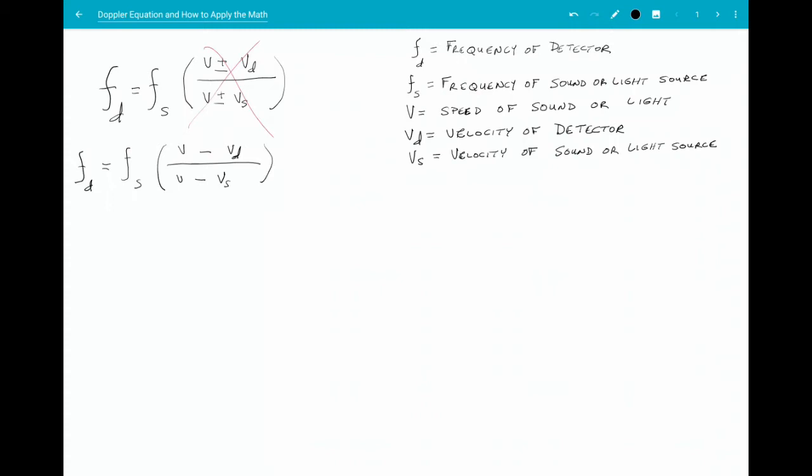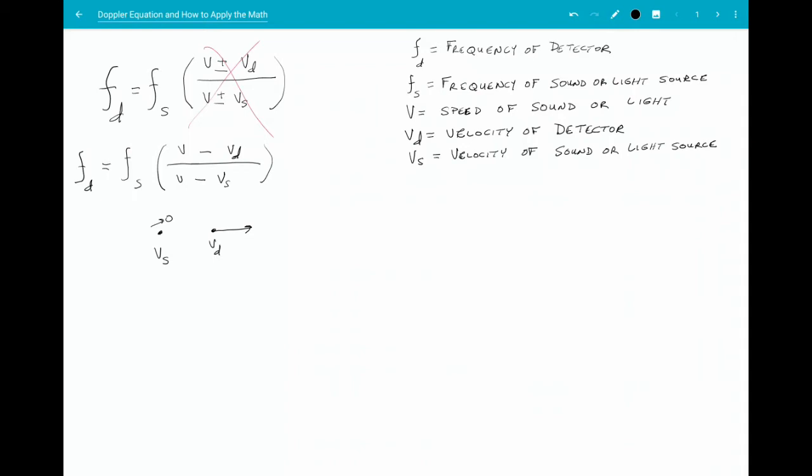Here's what I teach my students, because the plus or minus tends to confuse folks. Let's say I have a stationary source. That means it's essentially zero velocity, because it's not moving. And let's say my detector is moving to the right, v sub d.